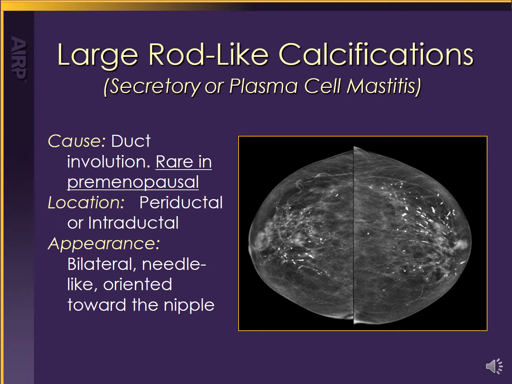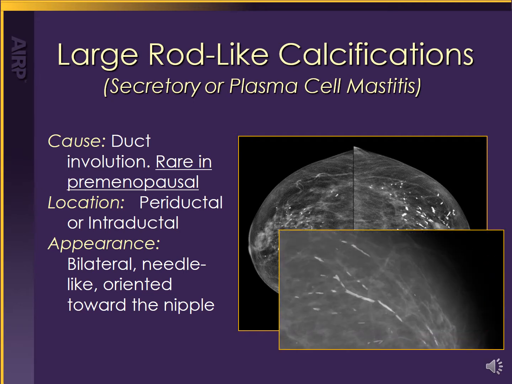The milk ducts also undergo involution over time, and if those ducts have some debris in them, that can be inflammatory, and that can cause some periductal or intraductal calcifications.